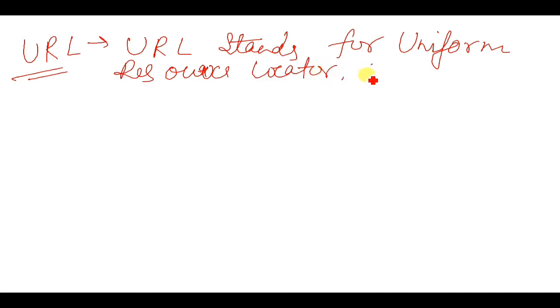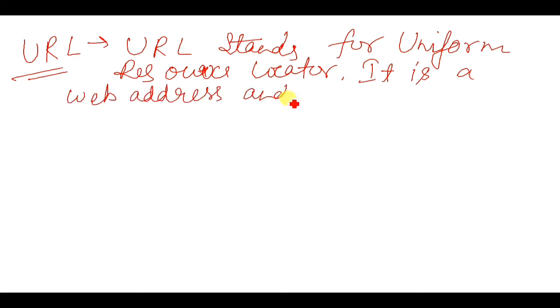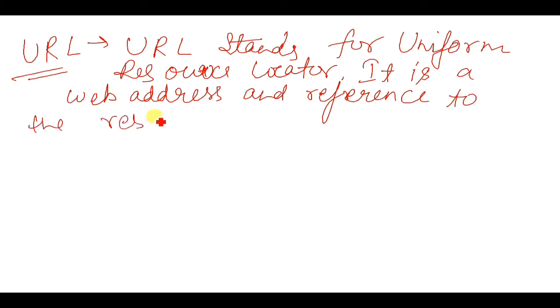Student, the internet is a collection of resources, or we can say a library of resources. It is a web address and reference to the resources on the web or internet.